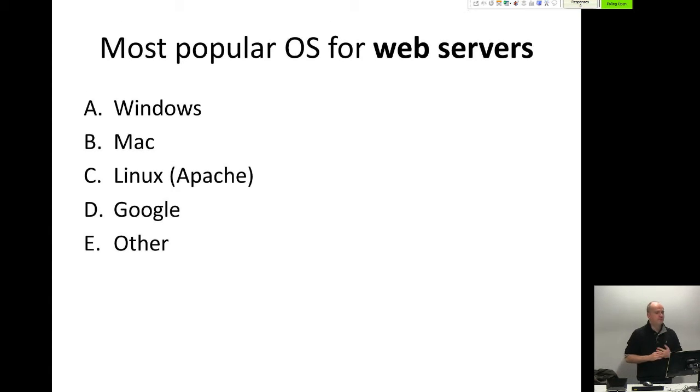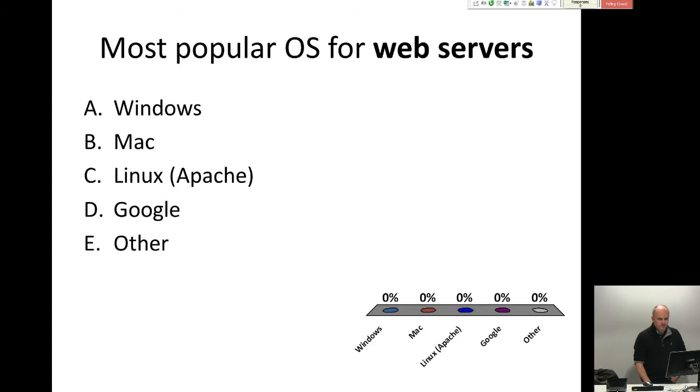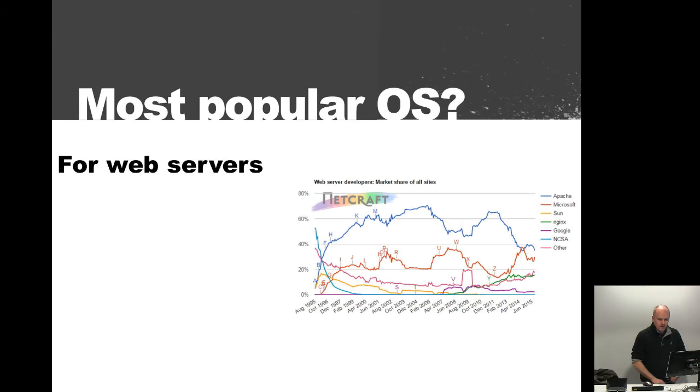So which would be the most popular operating system there? Linux. So Apache, that's running usually with Linux, is number one with almost 40% of the market.